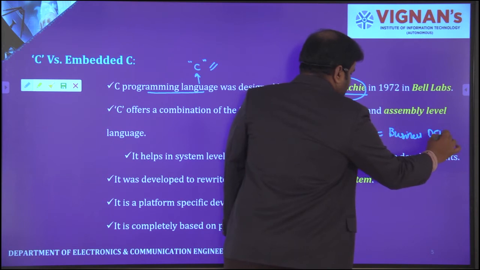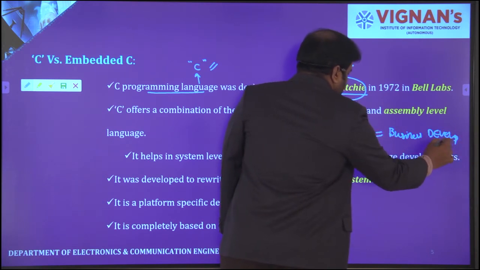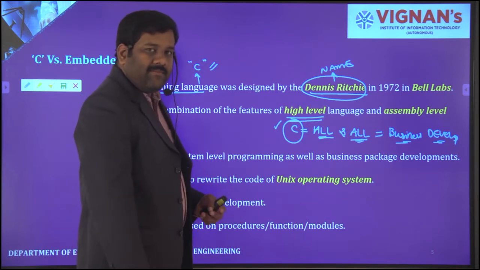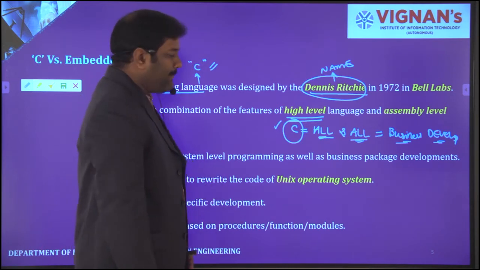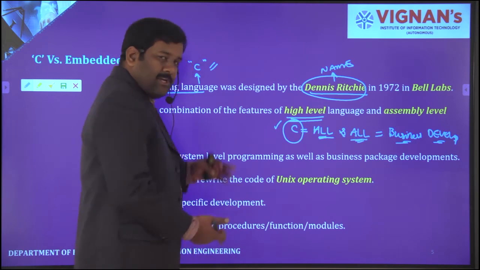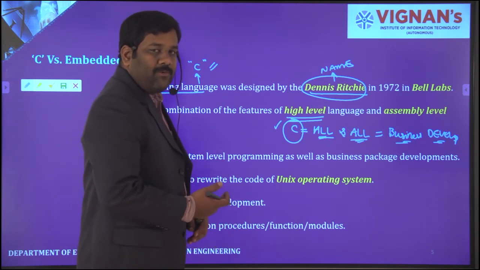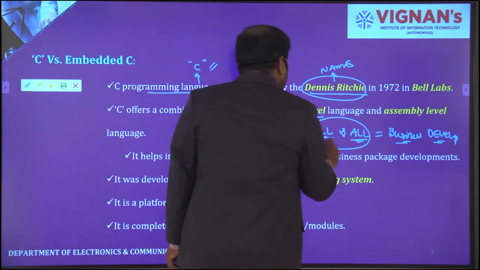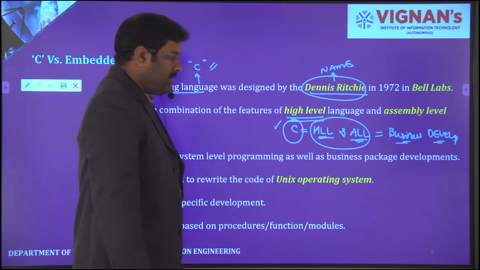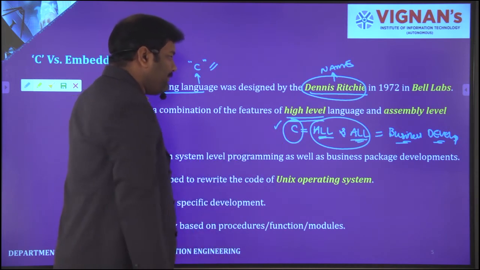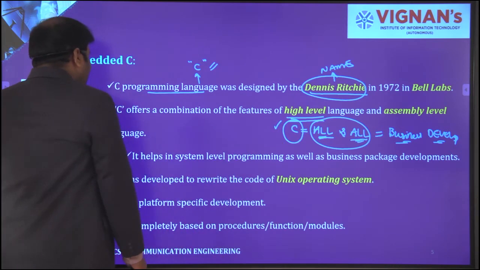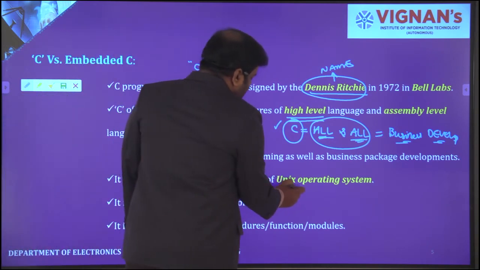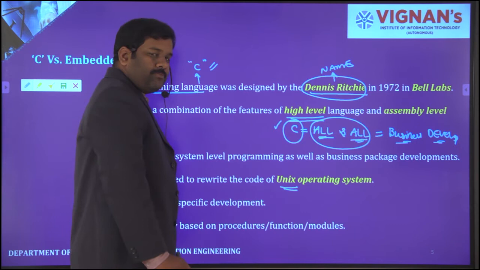Business development means, for example, some client has given one project to a particular company, then for reducing the code length and for improving the code efficiency of output, they may combine both of these languages. That is nothing but business development. And later on, C was developed to write Unix operating systems also, right?